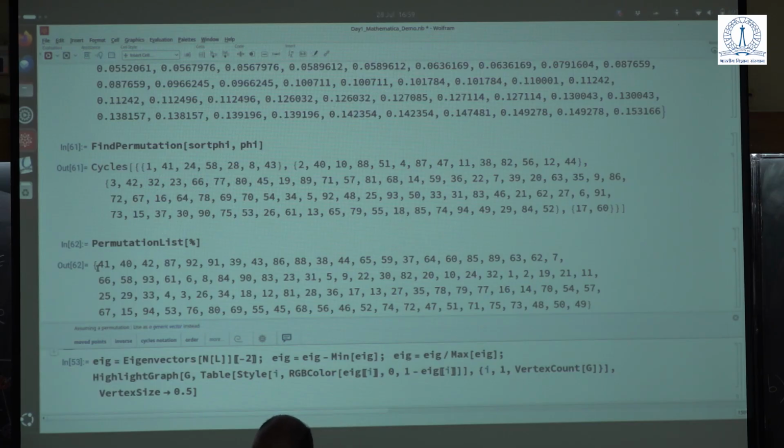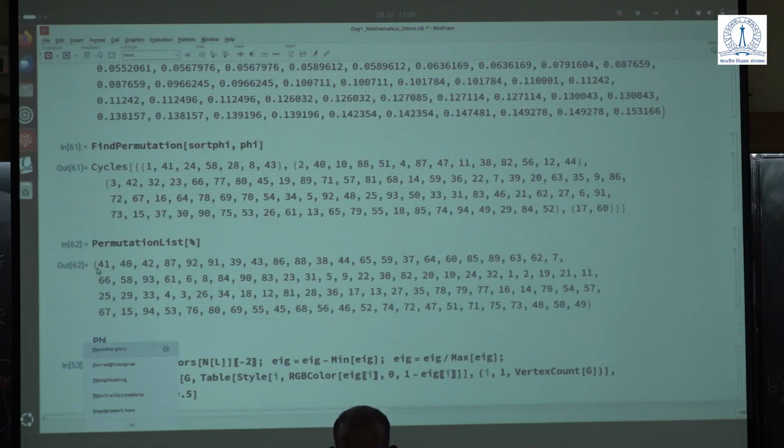Phi of S is that ratio. Should I do it in general? Oh, I just take the cut. Okay, let's just take one cut.